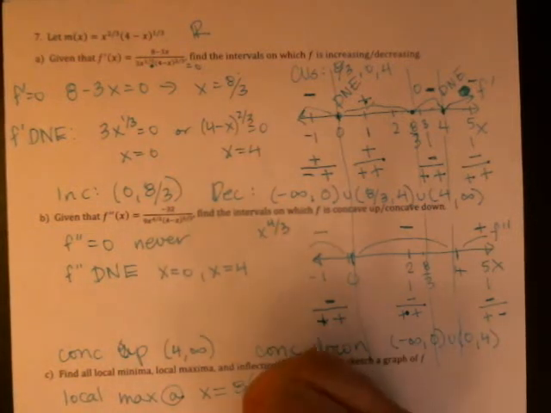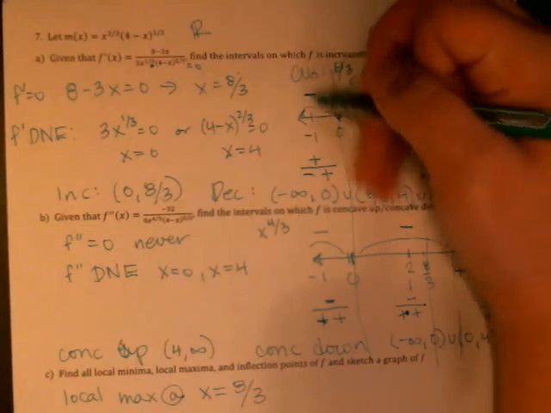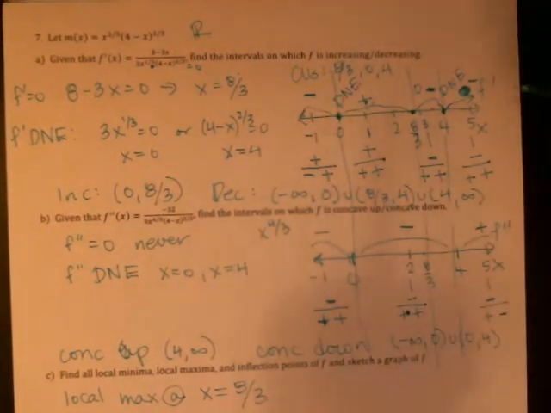Because the function is defined everywhere, the derivative being undefined doesn't mean that there's an asymptote or there's a hole. What it means is there's a corner or there's a vertical tangent, one of those two things. So here, because it switches increasing to decreasing, it must be a corner. So at x equals 0, there's a corner.